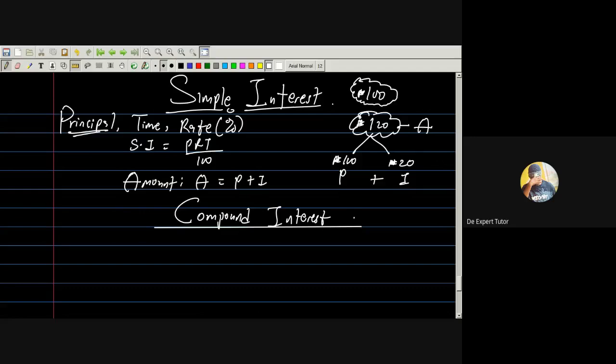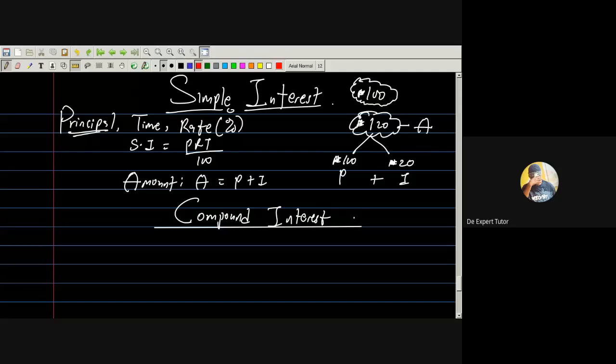Okay. Now pay attention to something on compound interest. This is it. Compound interest is not only calculated on the principal. Remember, simple interest is only calculated on principal, but compound interest is calculated on the principal and the interest together.